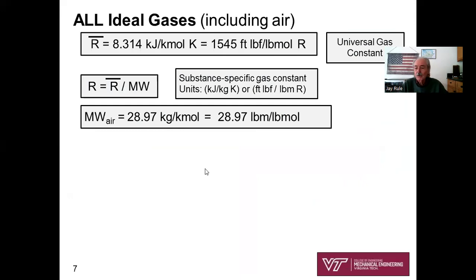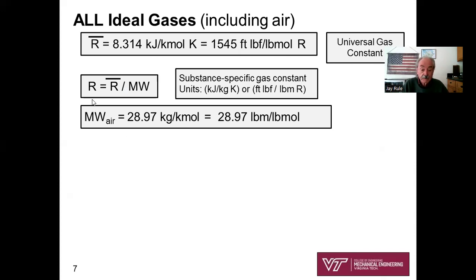Let's review what basics we have for any ideal gas. It doesn't matter whether it's air standard or cold air standard, any ideal gas. What do you know already? R bar, which you've committed to memory, is 8.314 kilojoules per kilomole degree K, and R bar equals 1545 foot-pounds force per pound mole degree R. That's the universal gas constant.